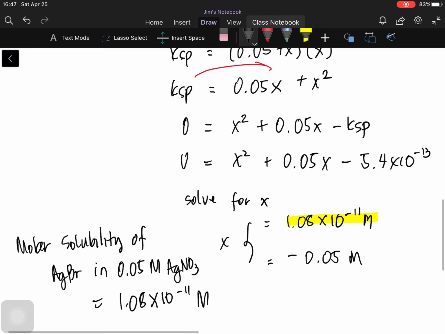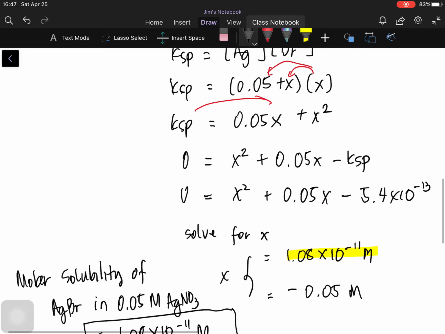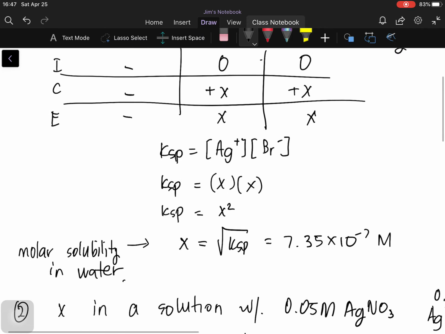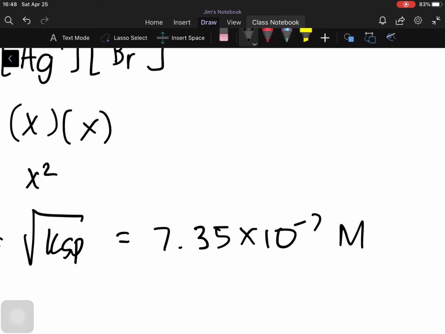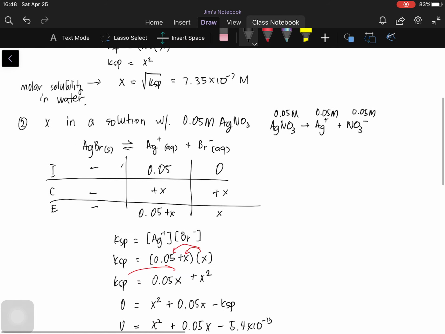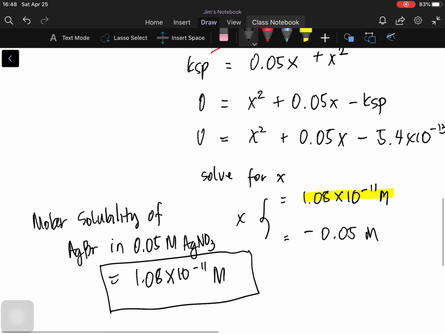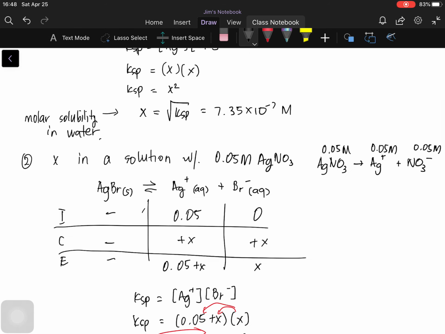So what can we observe? If your precipitate is dissolved in water, the solubility is 7.35 times 10 raised to negative 7. If your precipitate is dissolved into a solution with a common ion, in this case silver, where did silver come from?